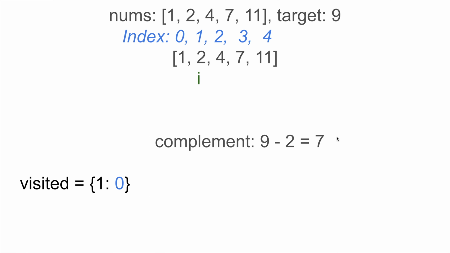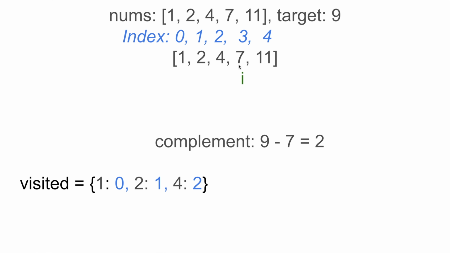And here we search again for the complement value, that is 7, in the hash map, but we don't find it. So we store the value again, then we move on to the next index. Here the value is 4, so 9 minus 4 is 5, and we don't find 5 in the hash map. So we store the value and move on to the next index, that is index 3.